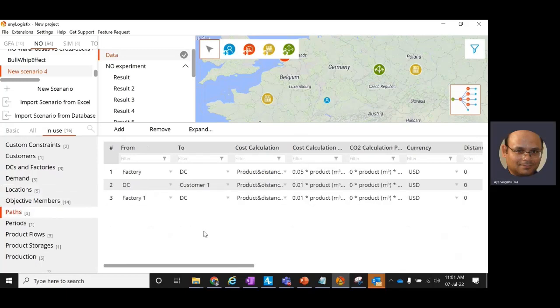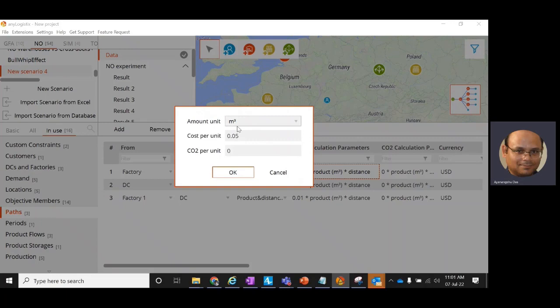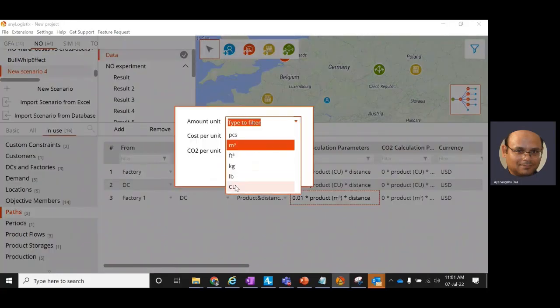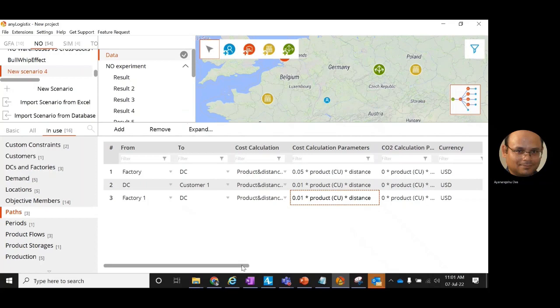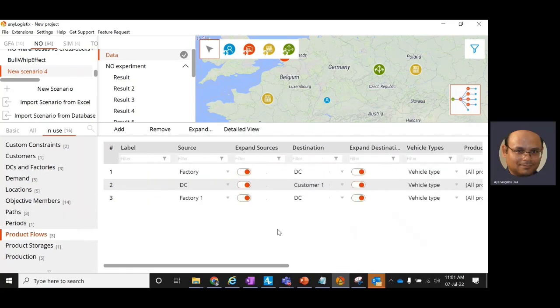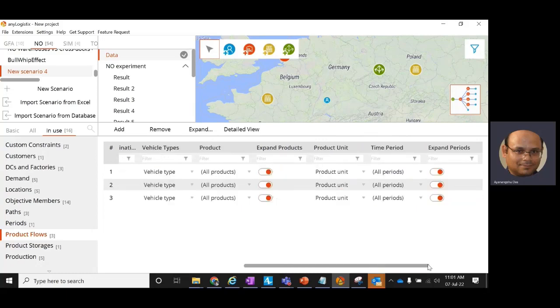And then we have paths. In the paths, we are defining the 1 centimeter cube, so actually we have to convert it into the unit that we want to calculate the cost in. Similarly, in product flows also, we have to define the product.